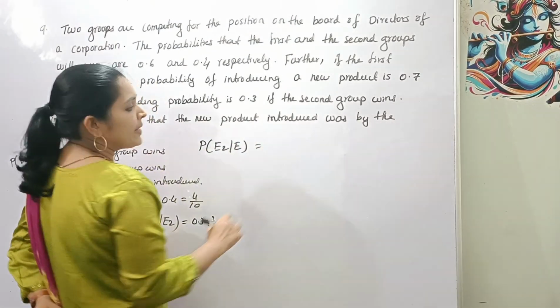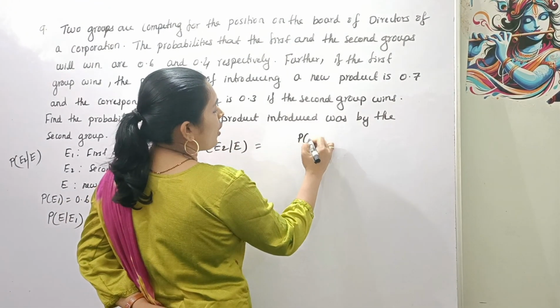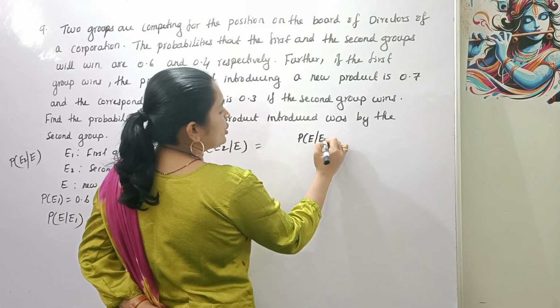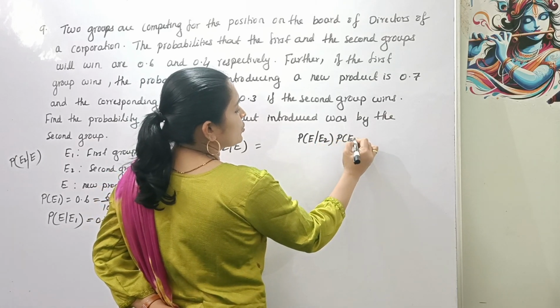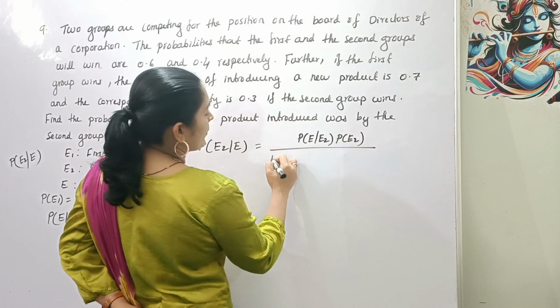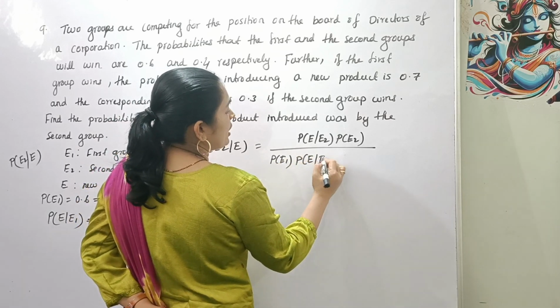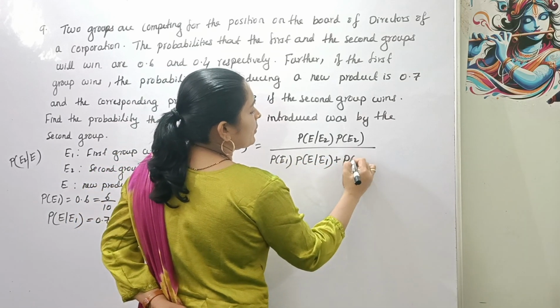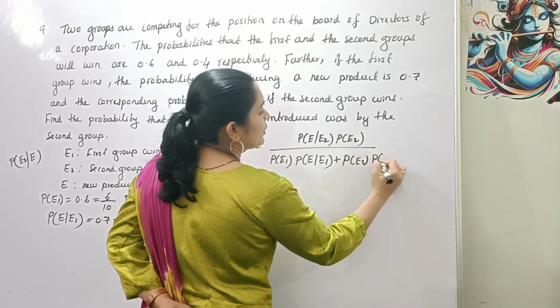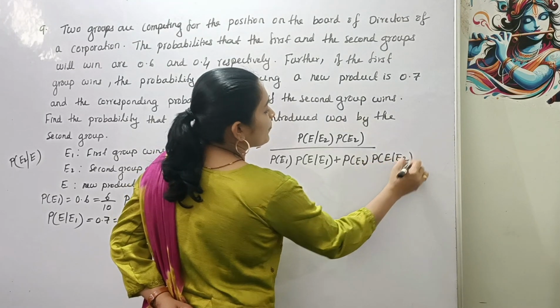So here, probability of E2 given E: apply Bayes' theorem formula. Probability of E given E2 into probability of E2, divided by probability of E1 into probability of E given E1, plus probability of E2 into probability of E given E2.